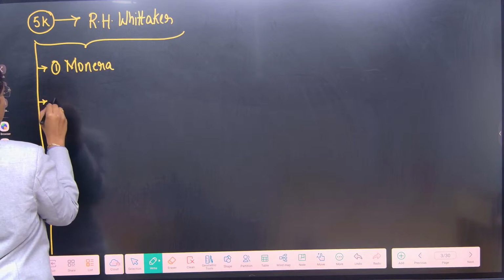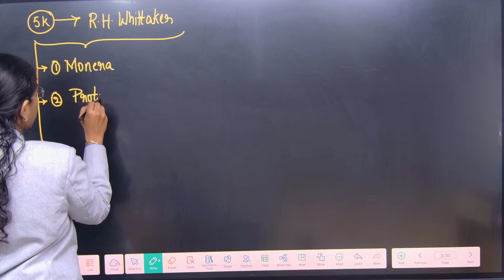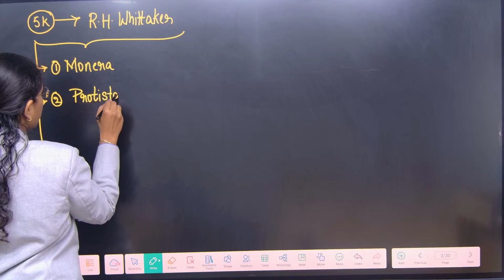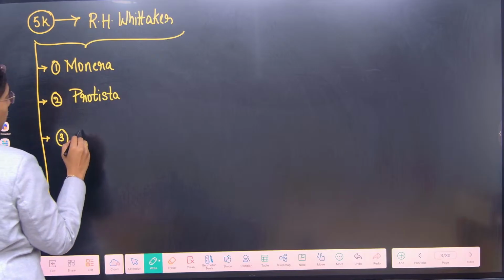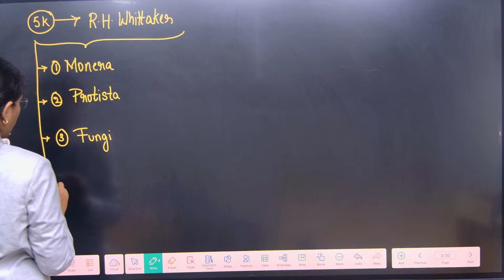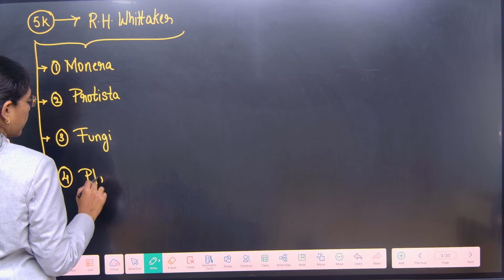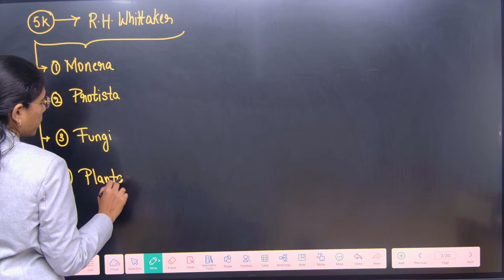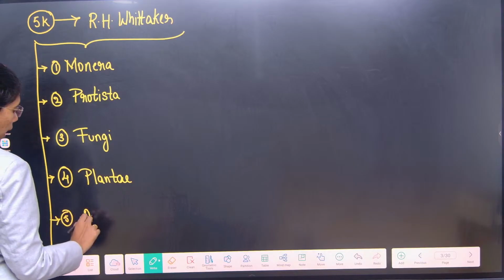Second, kingdom Protista. Third, kingdom Fungi. Fourth, kingdom Plantae. And fifth is kingdom Animalia.